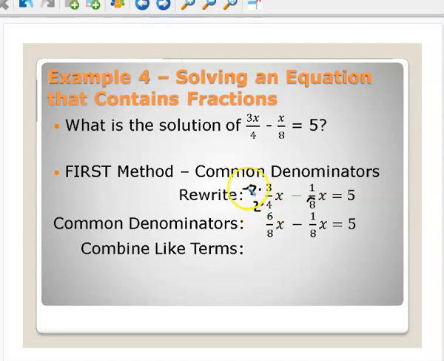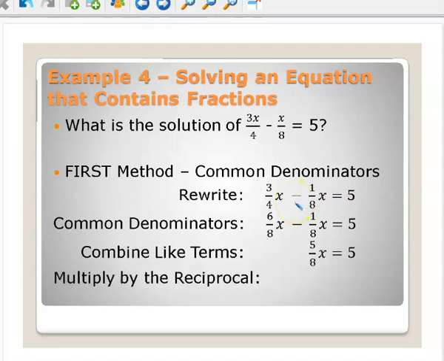Because it's just like multiplying by 1, okay? 2 divided by 2 is 1. So that's how we can do this, okay? It doesn't really change the value of the fraction. It's just changing what it looks like, okay? Now we have like denominators. We can combine those, and we end up with 5/8 times x equals 5.